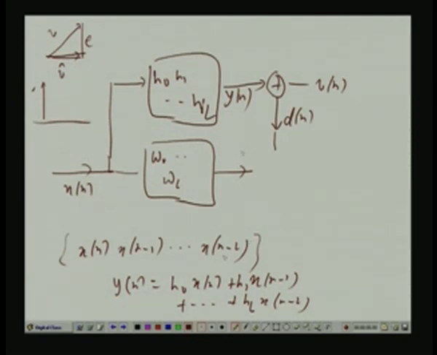So, that means the output here for the optimal filter case should be Yn, and therefore, W0 should be equal to H0, W1 should be equal to H1, WL should be equal to HL.